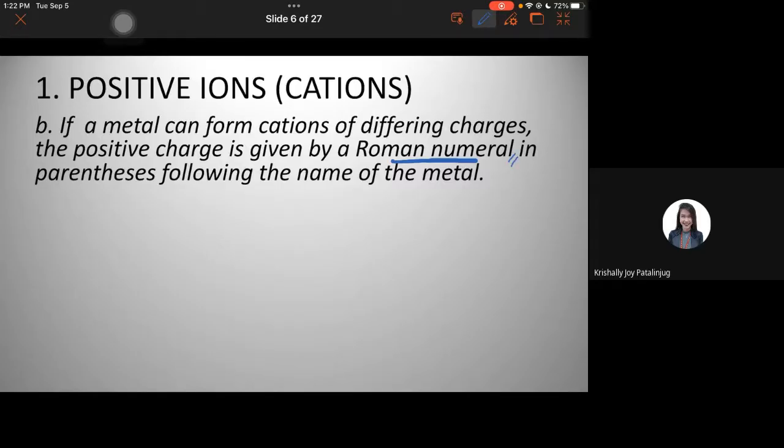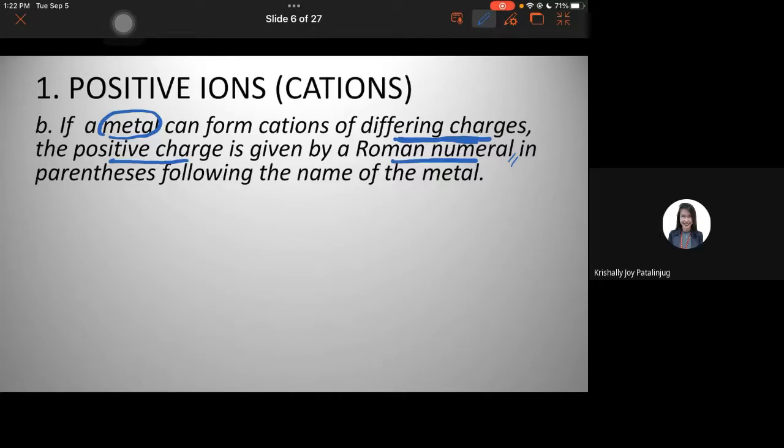Those are actually the charges of that ion. Those are examples of metals capable of forming cations with variable or varying charges. When you say varying charges, they can form more than one charge.